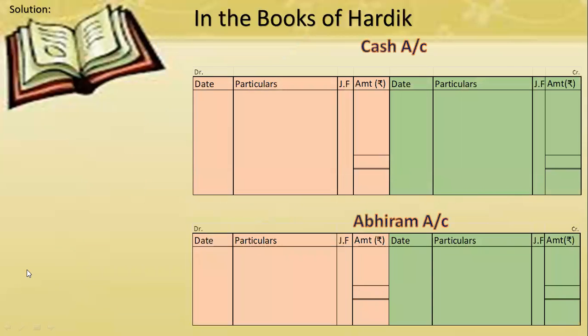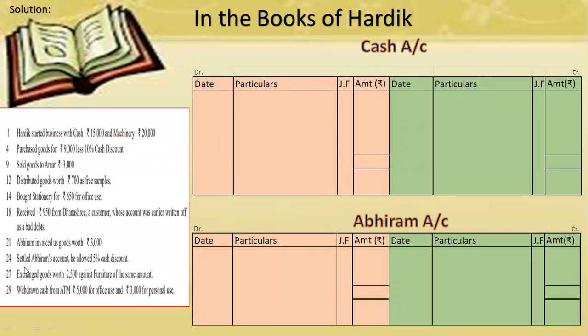In this solution, cash and Abhiram's account sketch is drawn and the corresponding postings would be taken. First, Hardik started business with cash rupees 15,000 and machinery rupees 20,000. So Hardik started his business with rupees 15,000 as capital.